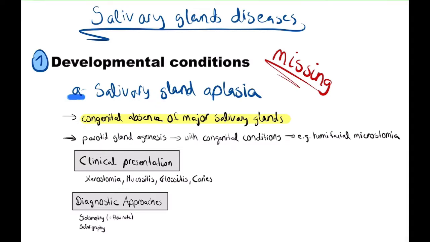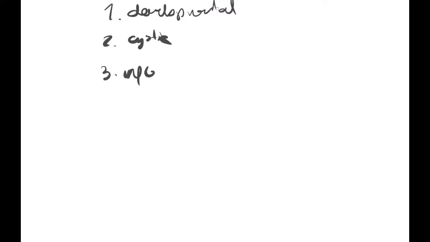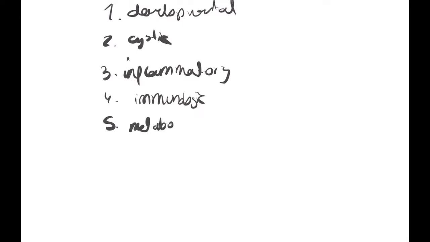There are many classifications for salivary gland diseases. There are mainly seven: one, developmental; two, cystic; three, inflammatory; four, immunologic; five, metabolic; six, obstruction; and seven, functional disorders.